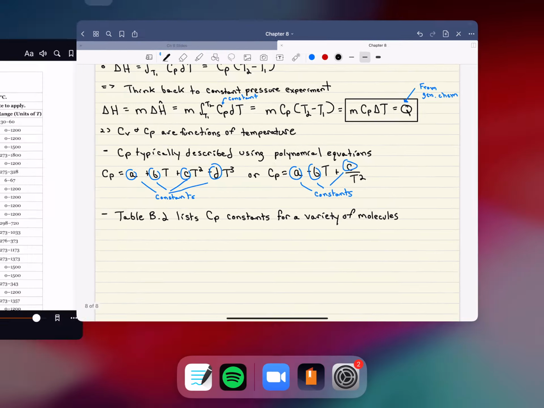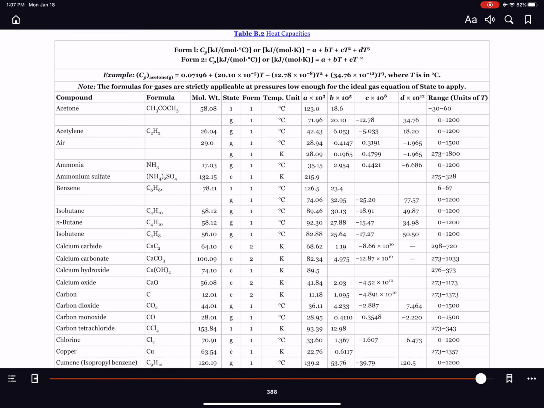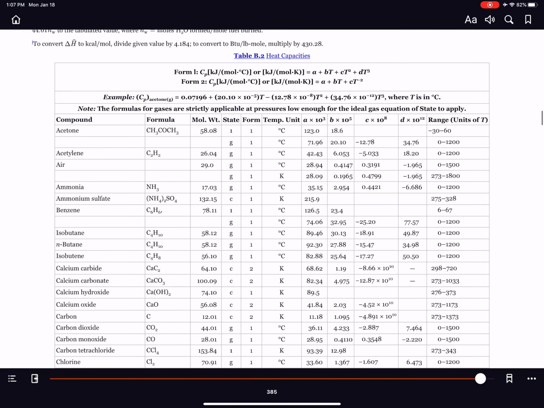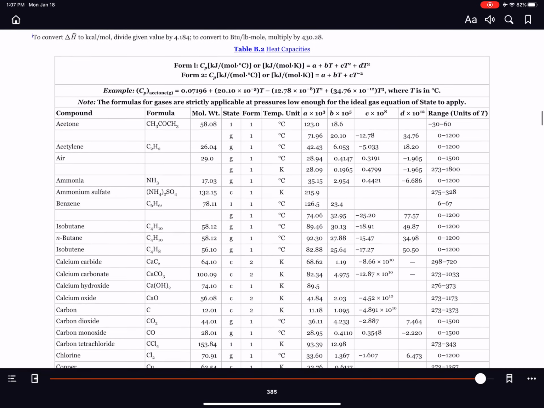If we jump to the back of the book and look at Table B2, we see that it lists, for instance, for acetone, in the 4 columns on the right, the A value, the B value, the C value, and the D value. It also tells you which form of the equation to use, whether form 1 or form 2.